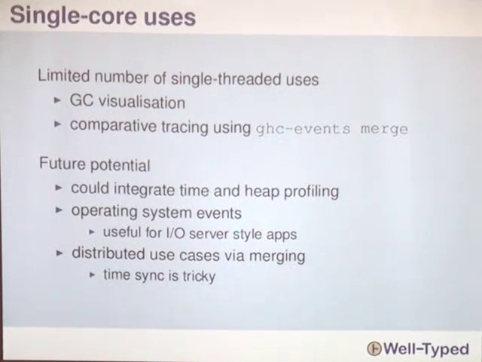A technique that I think is a great idea, but we've not really done much yet, is running the same program twice with, say, different inputs or different parameters, and then comparing the two runs in the same view. If we use this ghc-events merge tool, you can take two event logs and merge them into one. It makes it look to ThreadScope as if you've got a two-core machine, but actually they were two runs of the same program.